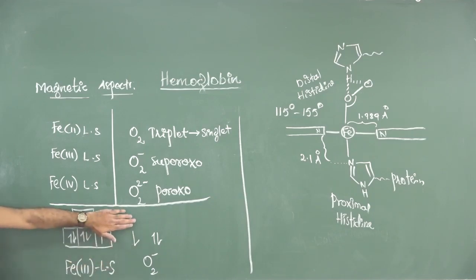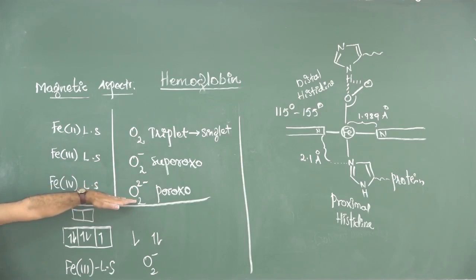Don't draw this now. This is for the second proposal. Next, write a point: iron 2 and iron 4 low spin states are ruled out, neglected, because of high energy involvement.